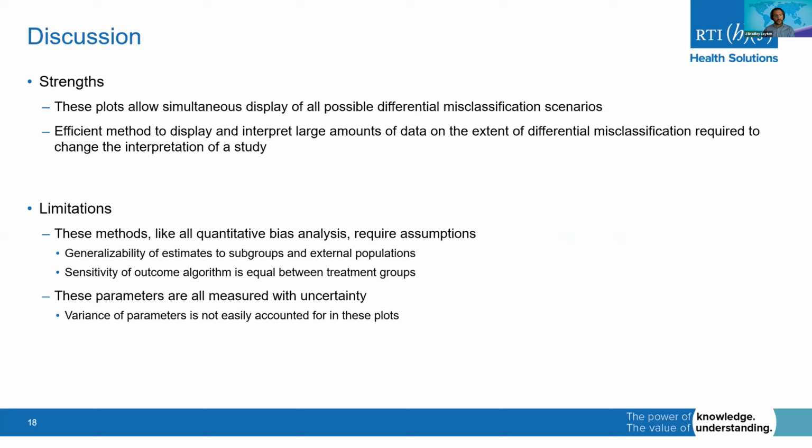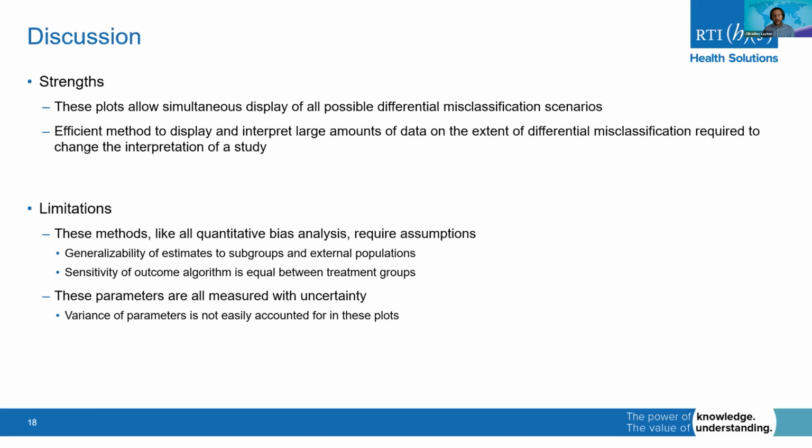Also, importantly, these quantitative bias analysis methods assume that the sensitivity of the outcome algorithm is equal between the treatment groups, and we didn't have the ability to measure that in our current study. And lastly, perhaps one of the bigger limitations in my mind is that all of these parameters are measured with uncertainty and imprecision. And as they're all based on assumptions anyway, I think it's very easy to sometimes use these as proof or fact instead of just supporting evidence.